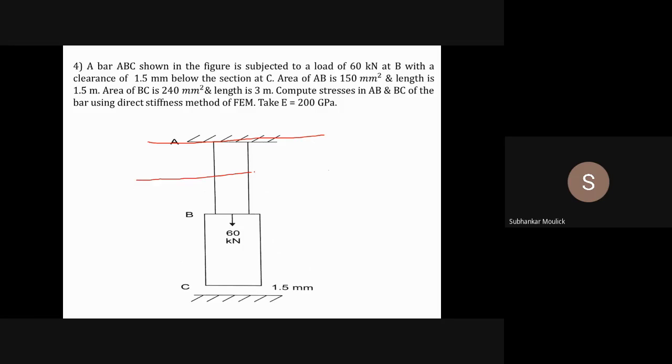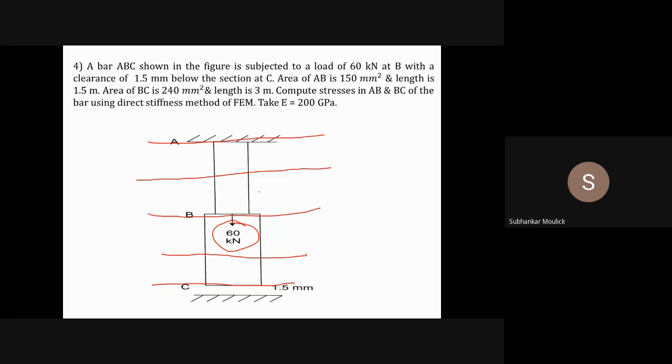At node 2, no nodal force is acting. At node 3, the nodal force is 60 kilonewton. At node 4, no nodal force is acting. At node 5, again, no nodal force is acting. If no nodal forces are acting from outside in the problem, I will assume it to be 0.